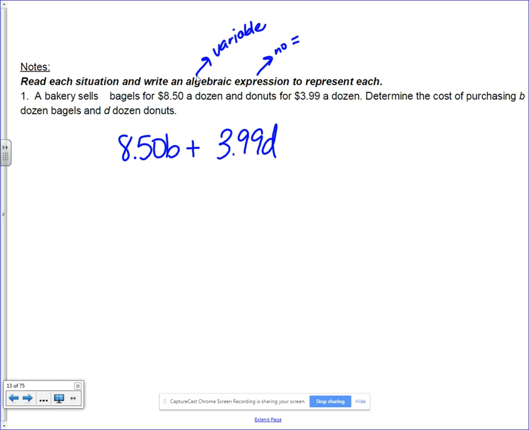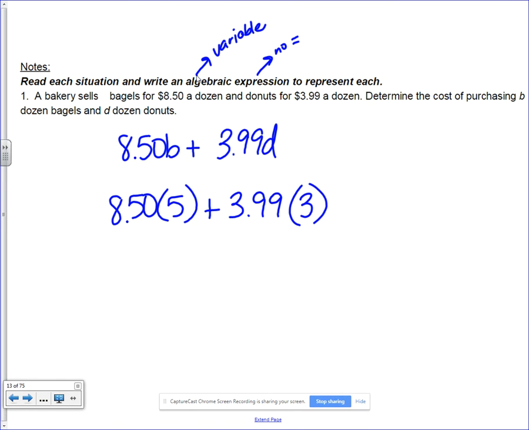Let's do that. Let's buy 5 dozen bagels. And let's buy 3 dozen donuts. Can you tell me how much the bill would be? Type it in your calculator.